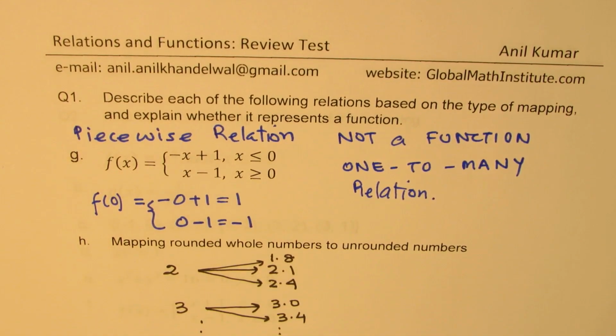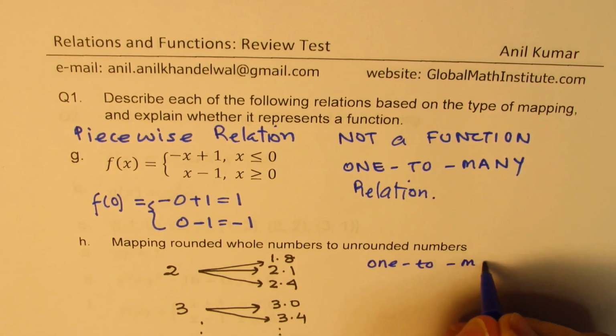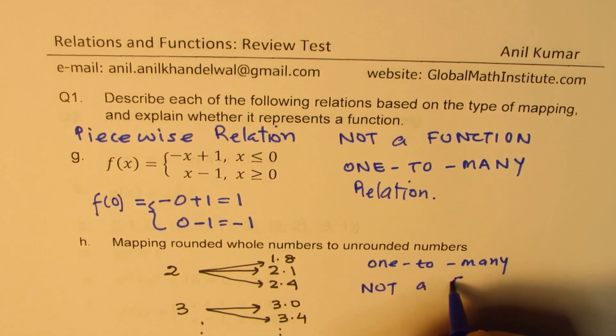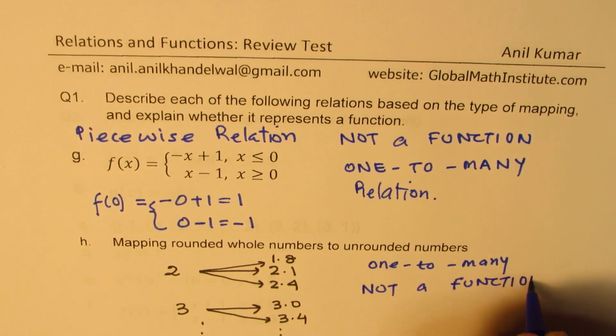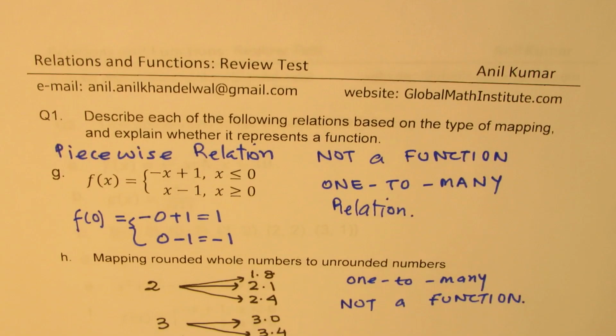So what you see here is that we have a relation which is one-to-many. And therefore, it is not a function. Is that clear to you? With this, we end solutions of questions on question number 1. So we now understand what exactly is type of mapping and whether the given condition or the relation represents a function or not. Now let's move on and see question number 2.